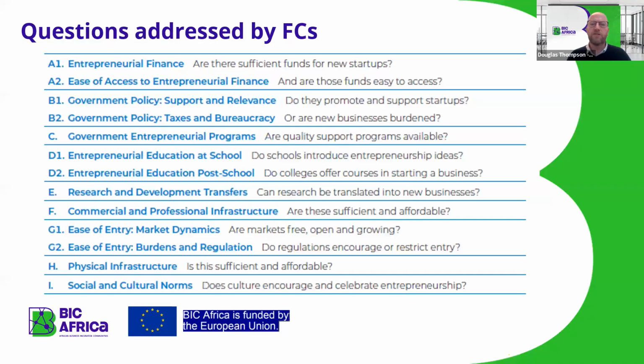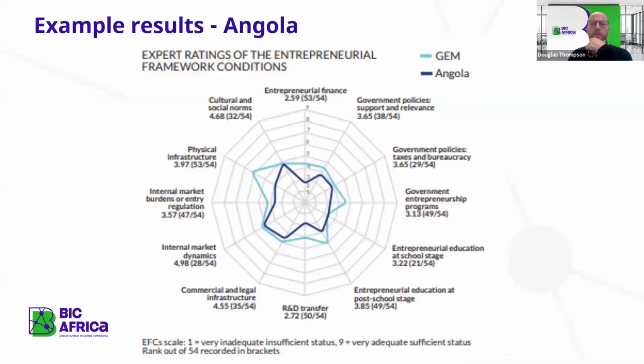But what we wanted to do now, after showing one more slide about Angola, is show the results of the framework conditions and how we can quantify them. We can compare them to the other GEM countries. This is quite interesting.